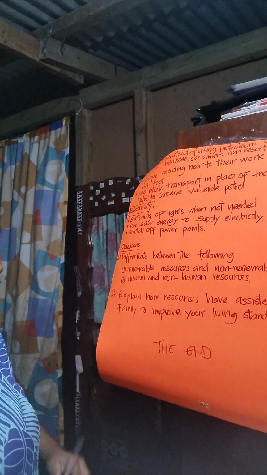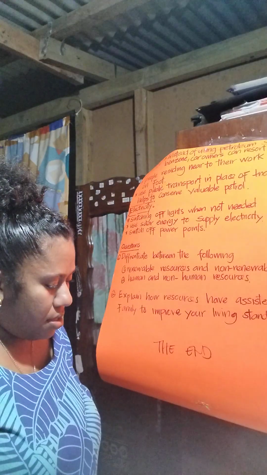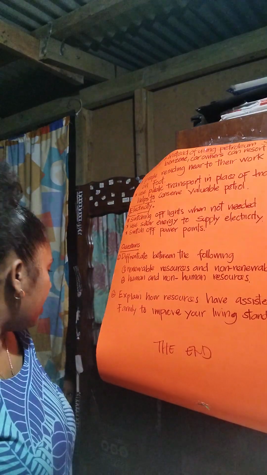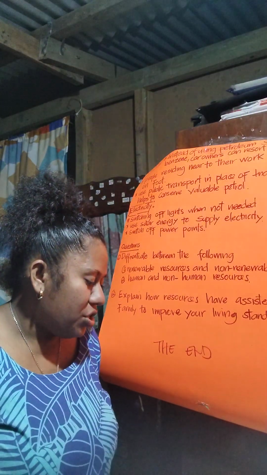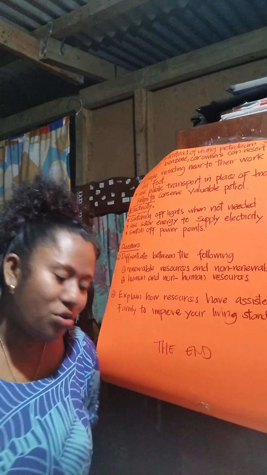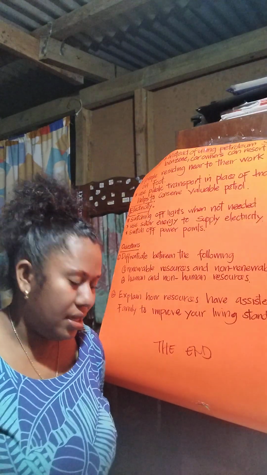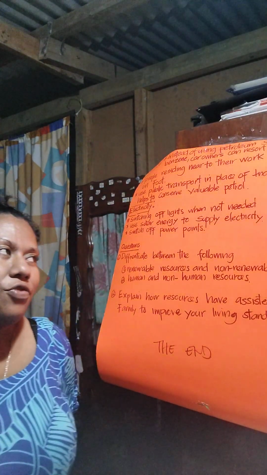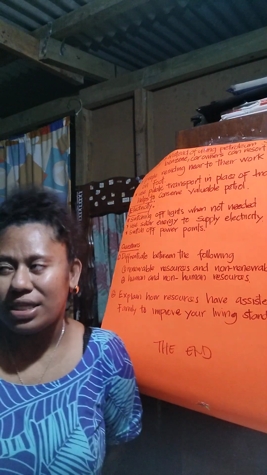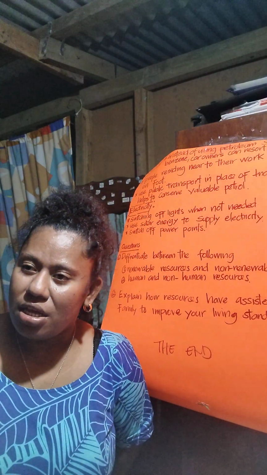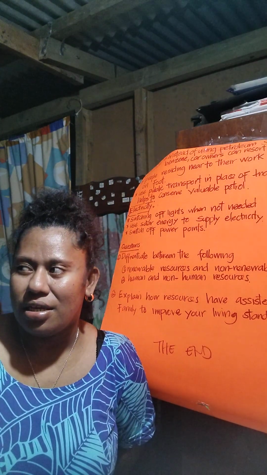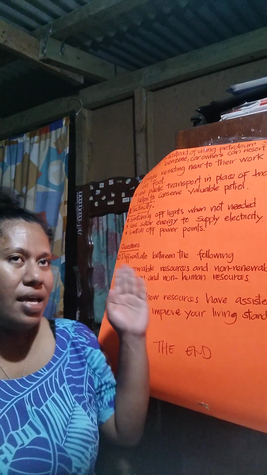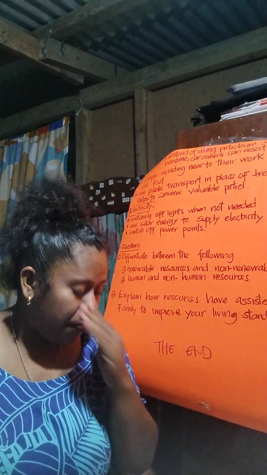Okay, students. Solar energy is like for people in the village. Solar energy is mostly used in the community in the village. If you go to a village or island, for example Taveuni, mostly you won't see any pole.